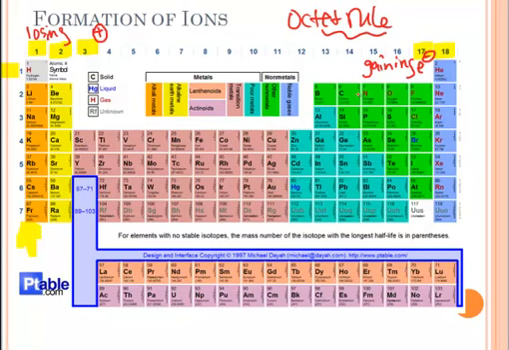Those gaining electrons will not have protons to offset the negative charge on those electrons. Hence, if the atoms gain electrons, you will result in a negatively charged ion. So here is the formation of ions. The driving force is the octet rule.